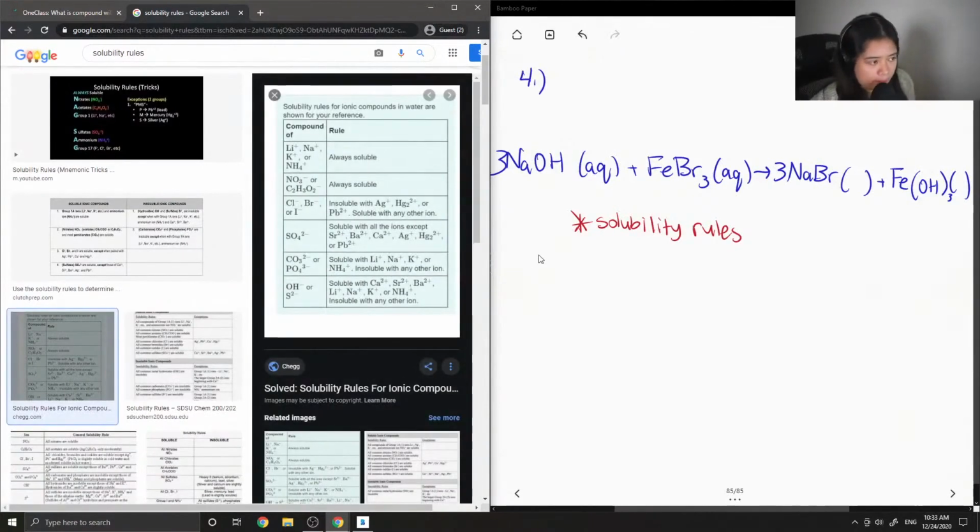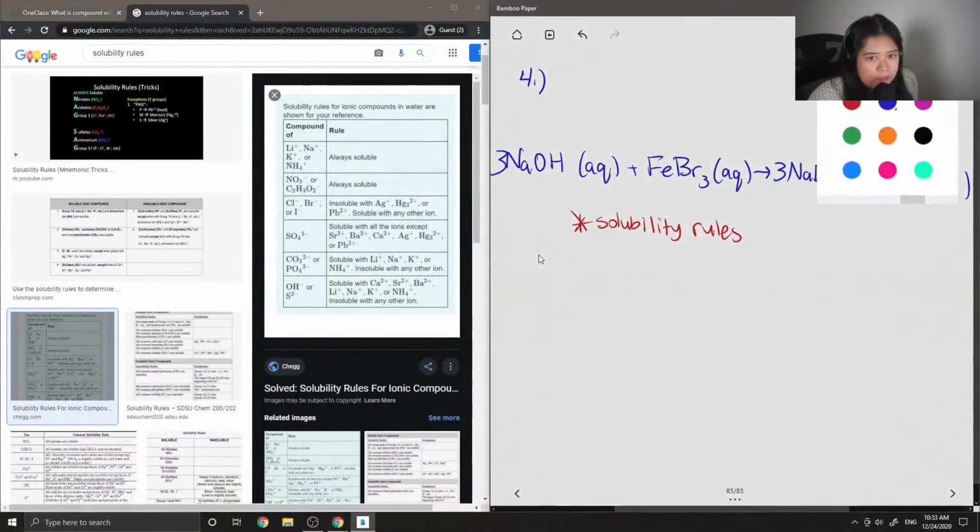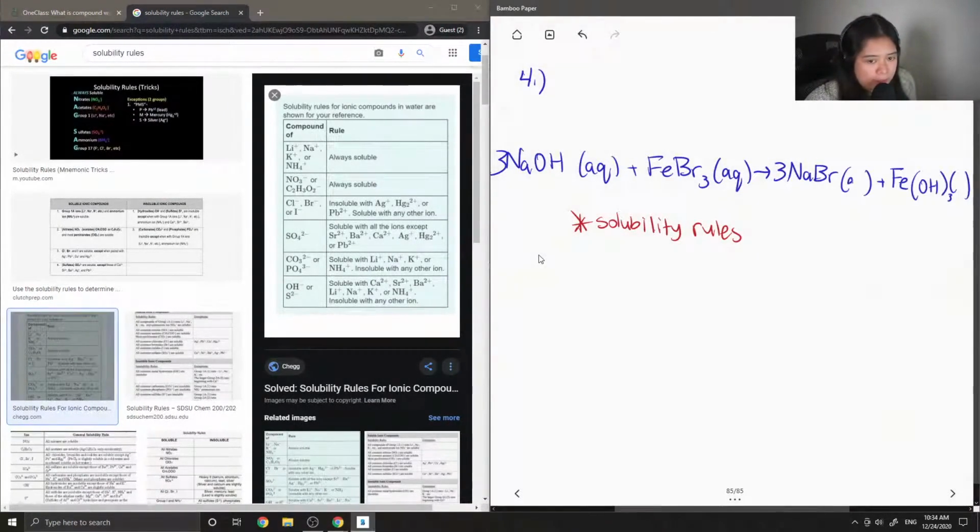Okay, so when we have a compound that contains lithium, sodium, potassium, or the ammonium ion, these are always soluble. So already we can say that the sodium bromide will be aqueous. Chlorine, bromine, iodine, insoluble with the following.